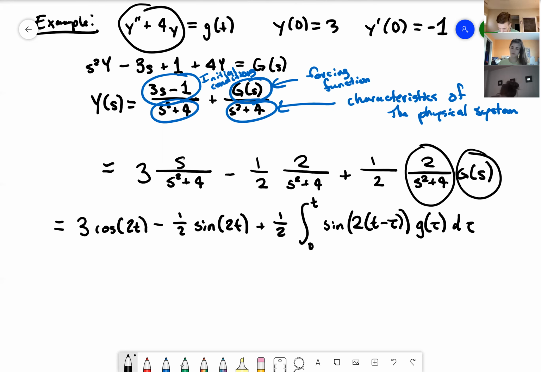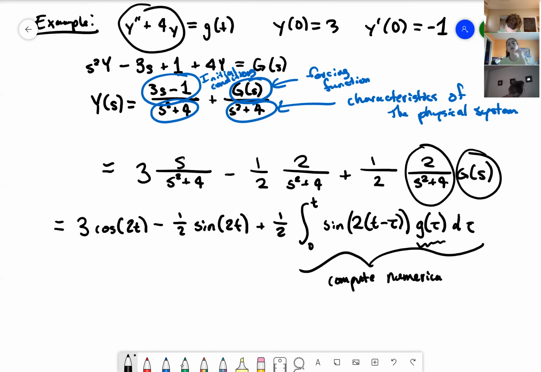However, we could just leave this as an integral. Let's say that g of tau is some kind of black box function. We don't know exactly what it is, but we can sample it at evenly spaced points throughout time, right? So if we have evenly spaced data points where we know what g of tau is, then we can compute this thing numerically.